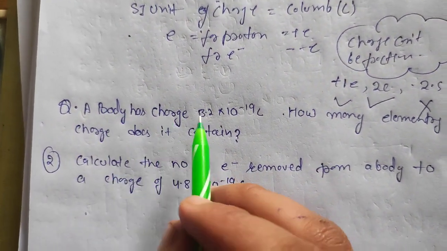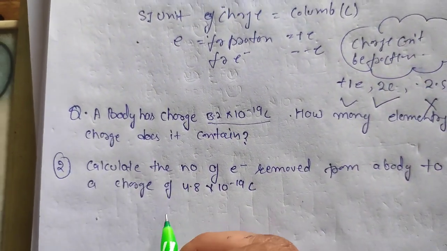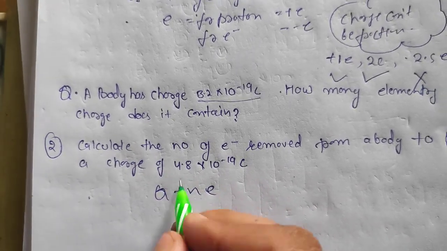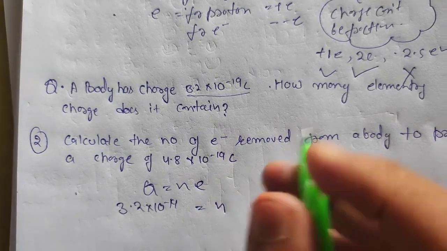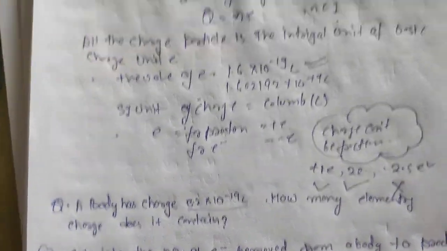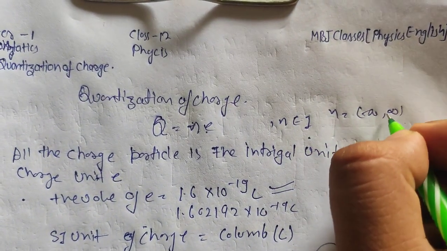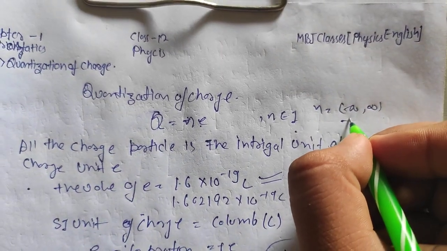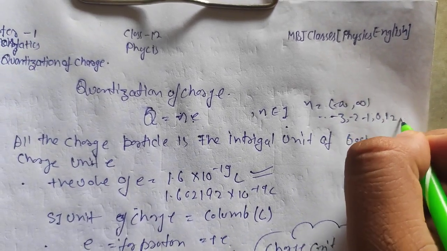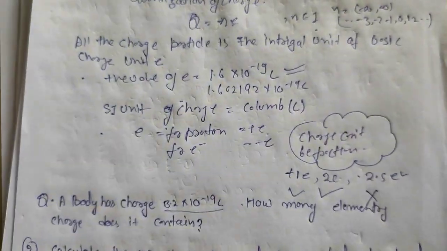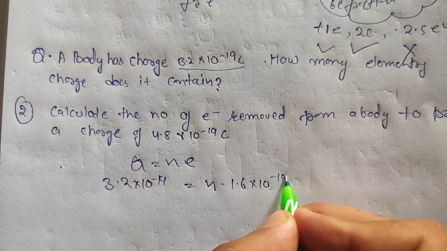First question: a body has a charge of 3.2 into 10 to the power minus 19 coulomb; how many elementary charges does it contain? By the formula Q = n e, n is the number of charges, and n can be any integer, like minus 3, minus 2, minus 1, 0, 1, 2. e is 1.6 into 10 to the power minus 19 coulomb.